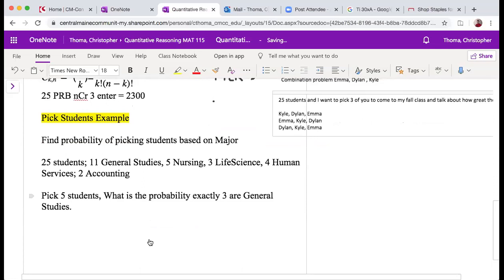All right, so there's the problem. That should be a question mark. So if I pick 5 students, what is the probability exactly 3 are general studies?